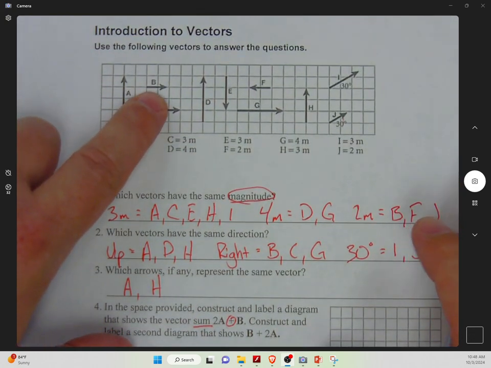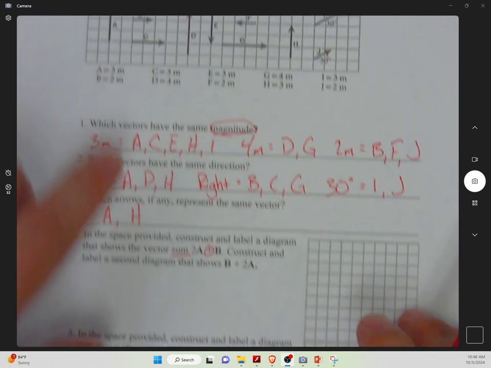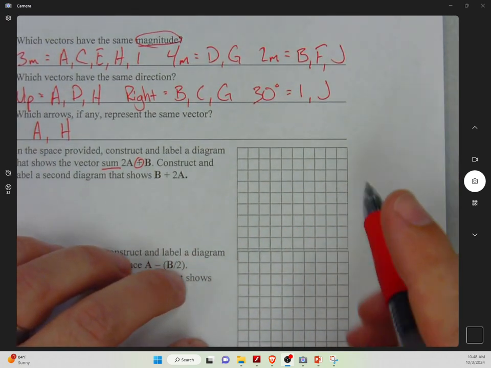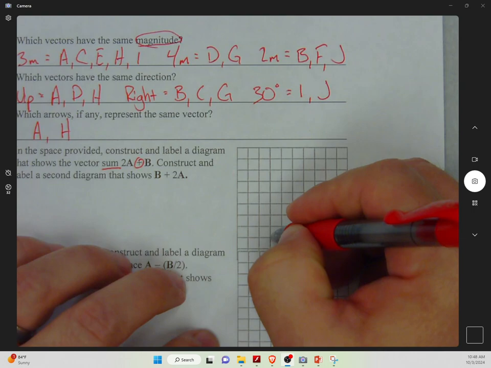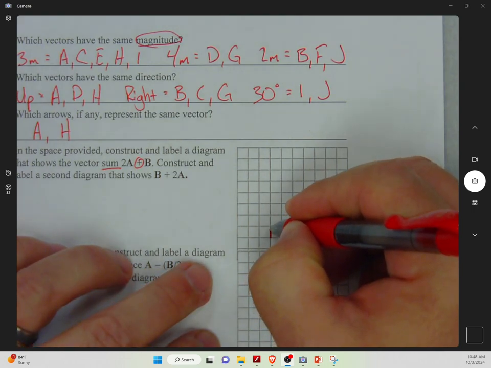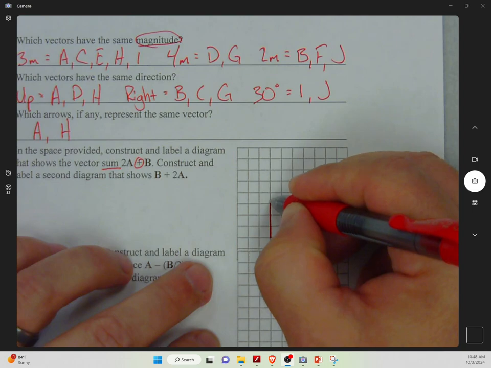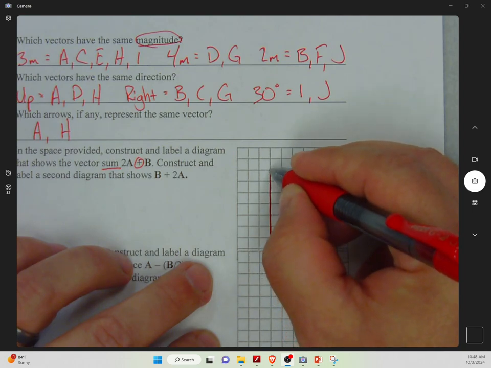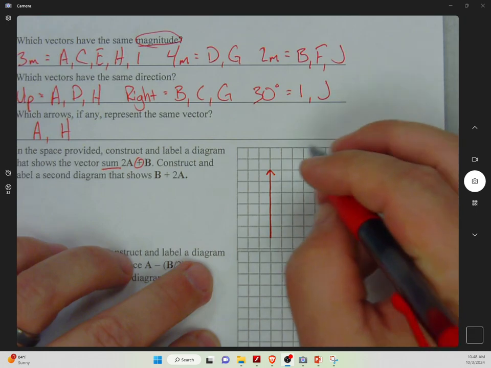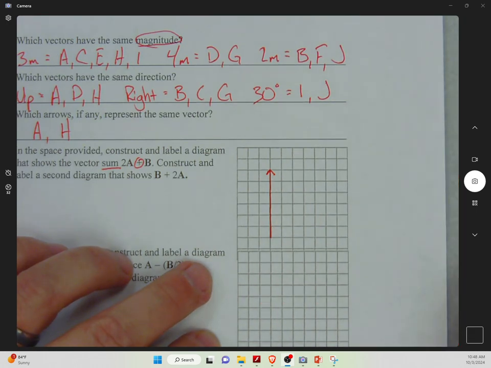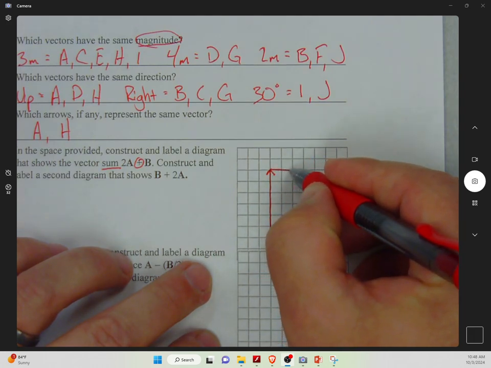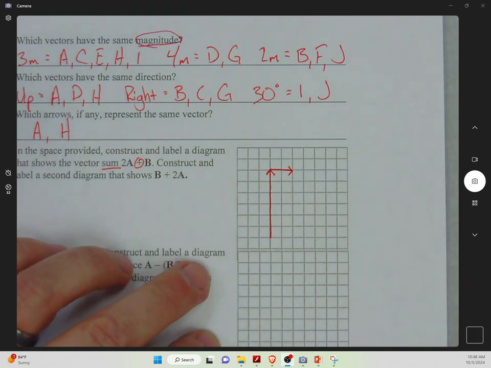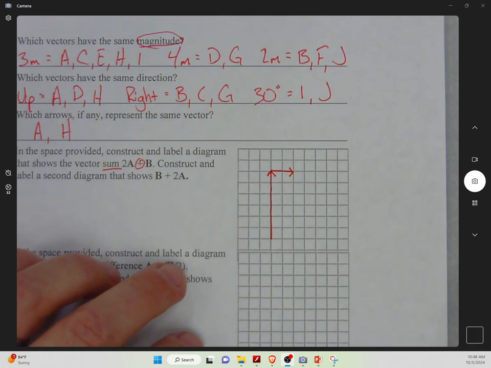B is going to be going to the right 2. So, because I want to have enough room to stay on the grid, I'll start my diagram over here. So I'll go 1 line, 2 lines, 3 lines, 4 lines, 5 lines, and 6 lines. So there's my 2A, and then I need to add to it B. Fair enough?